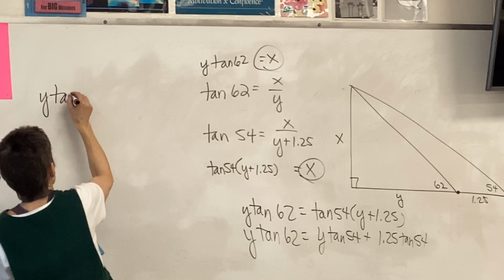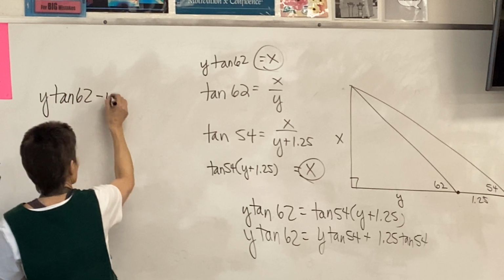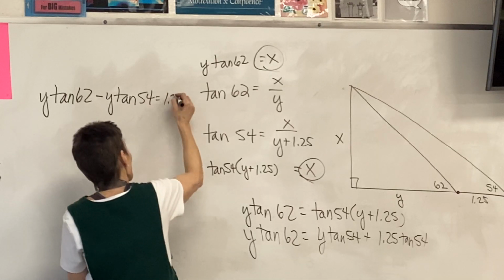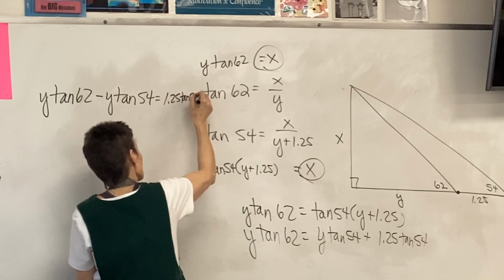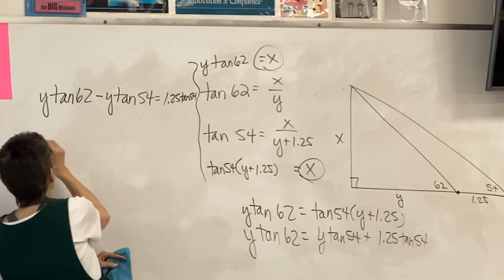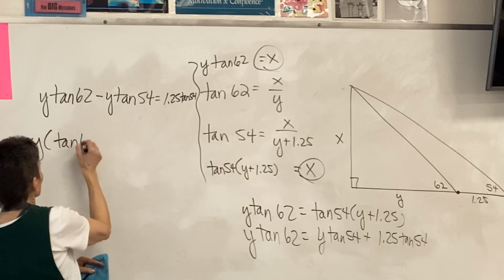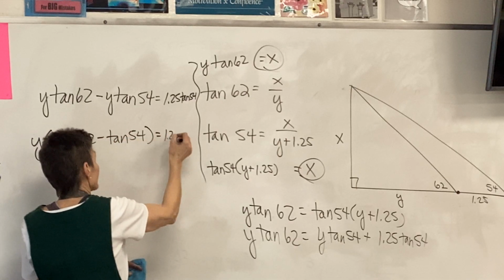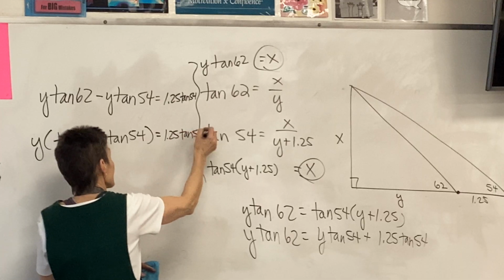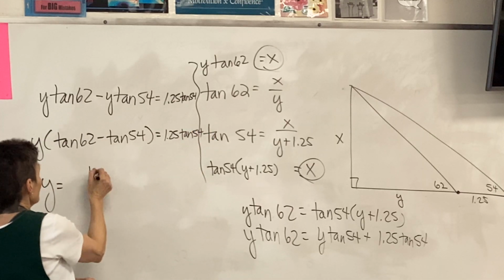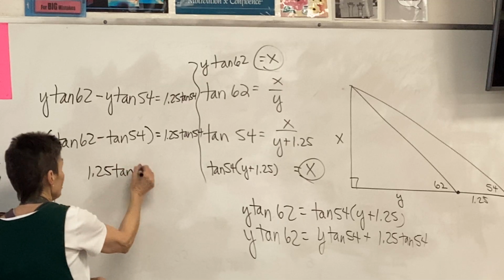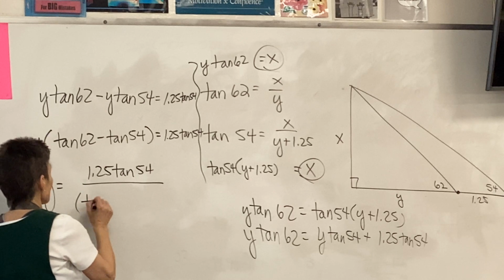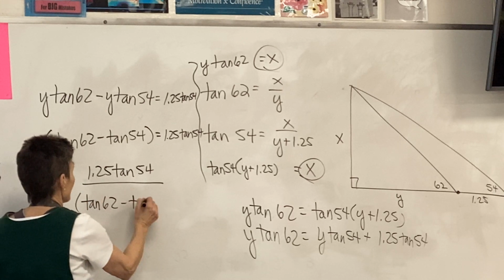So y tan 62 minus y tan 54 equals 1.25 tan 54. Back out the y and divide. So y is going to equal 1.25 tan 54 divided by parentheses tan 62 minus tan 54.